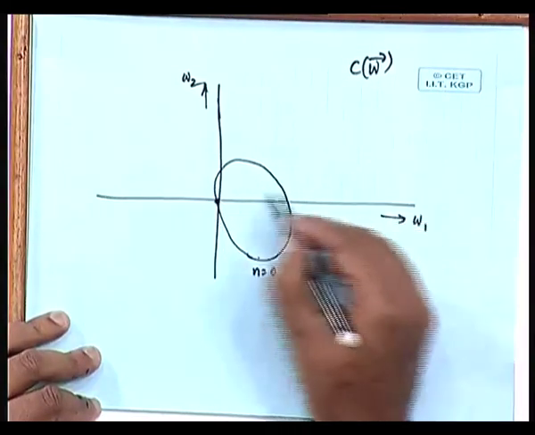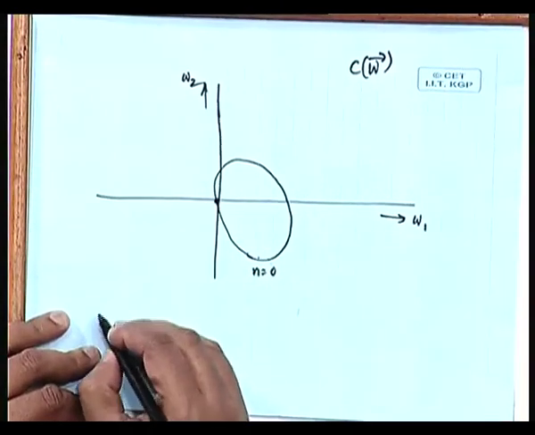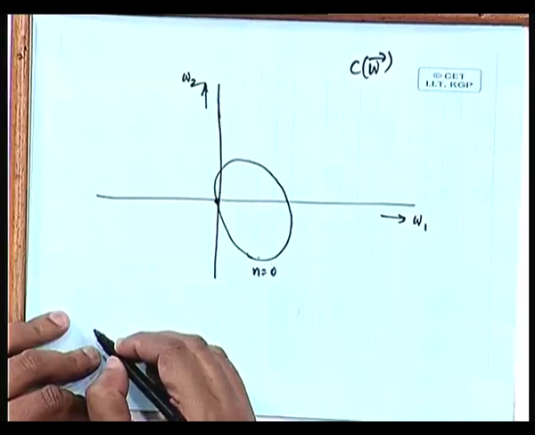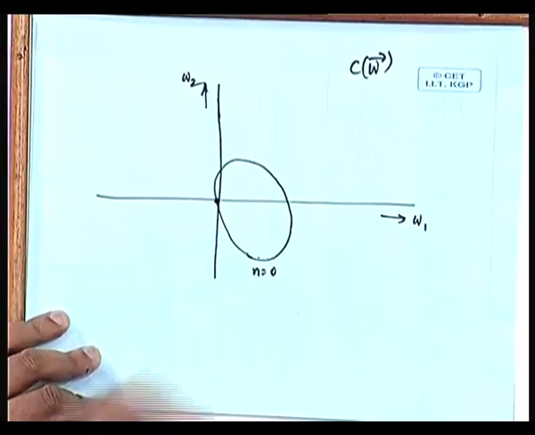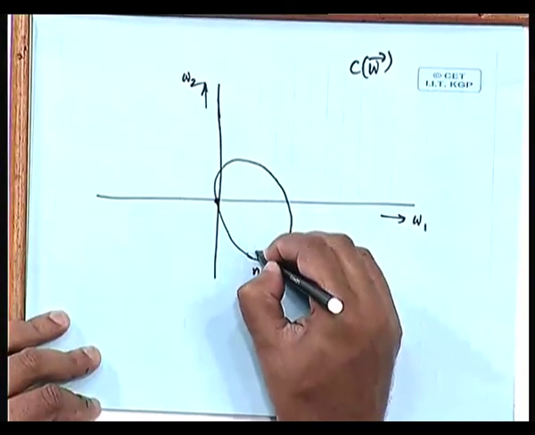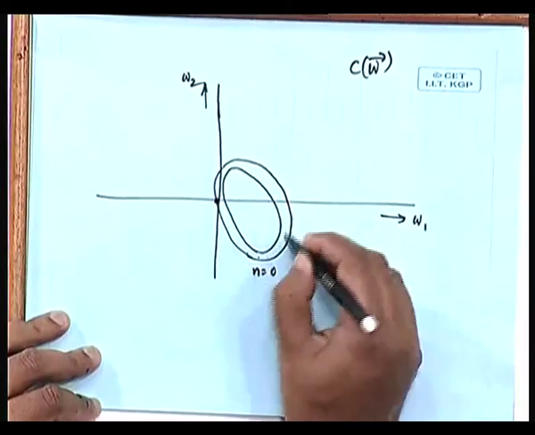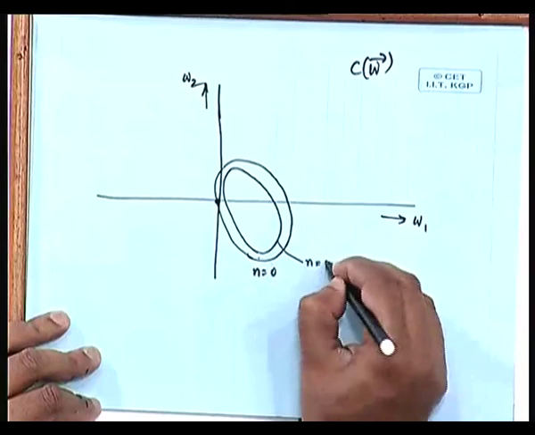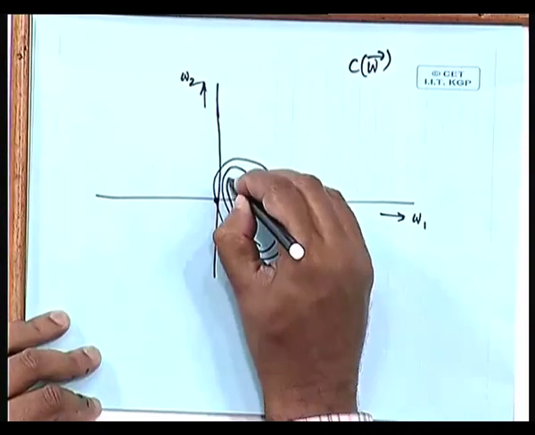So, this is the cost contour, and this could be our starting point. If we take this to be our starting point, that means we are starting with W1 equal to 0 and W2 equal to 0. Now, for n equal to 1, the cost contour may be like this. For n equal to 2, the cost contour could be like this.